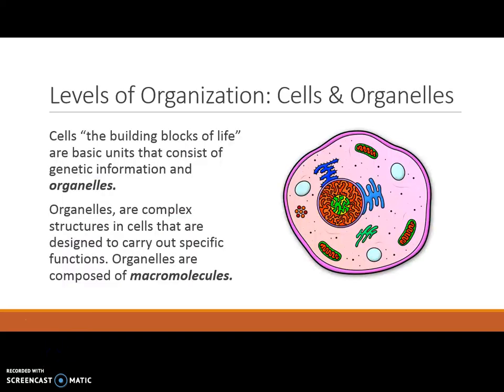I group mine together into cells and organelles. Some places break it apart, but in our lectures, we'll talk about them together as one thing. The cells that make up tissues are considered the basic structural, functional, and biological unit of life.